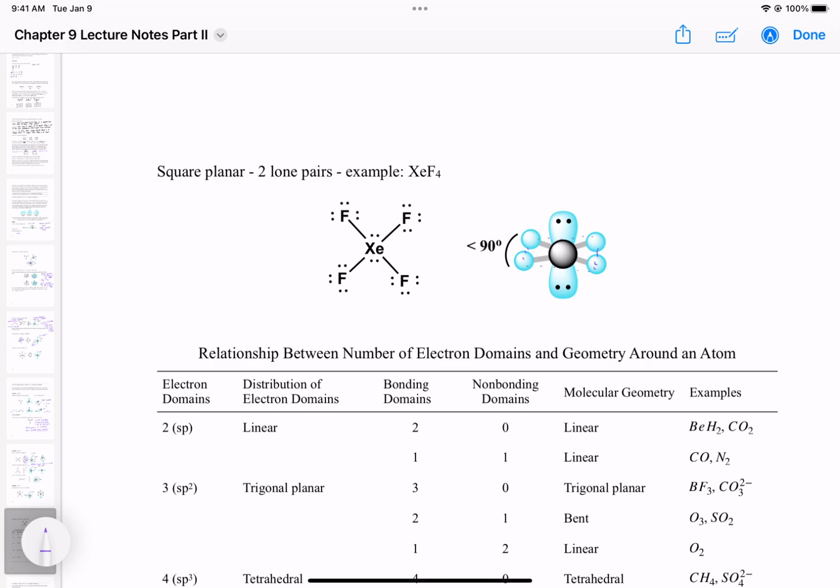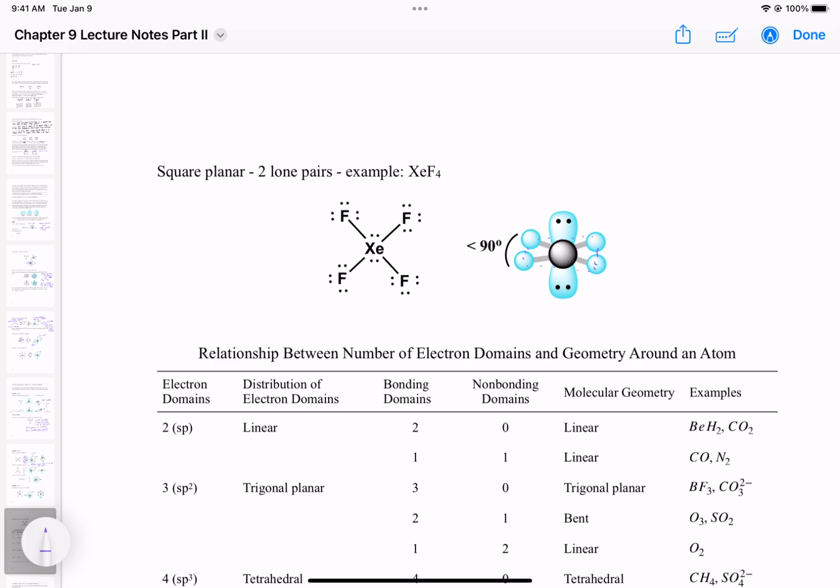And since the molecule now has no bonds in the y-axis, it's a flat molecule like trigonal planar. So if all the bonds are in the same plane, we call that planar. And in this case, when we visualize the shape here, the molecule forms a square. So that's why we call it square planar.